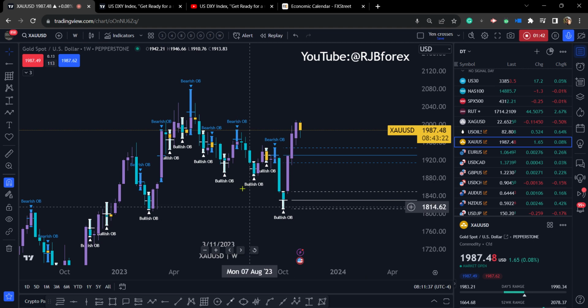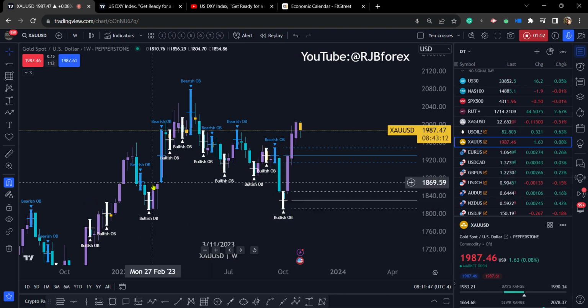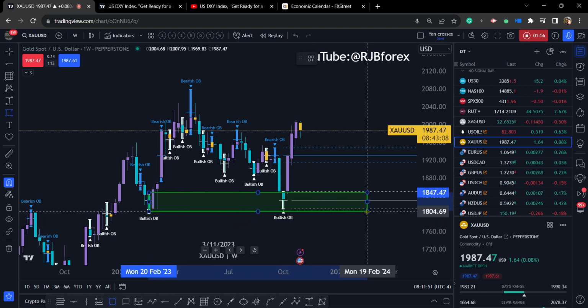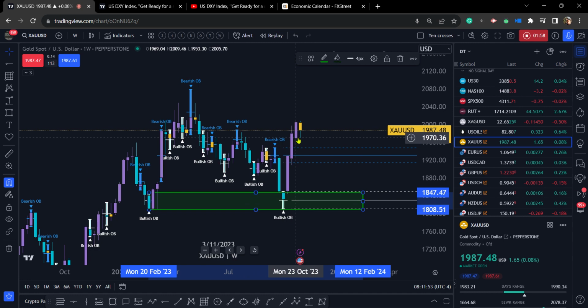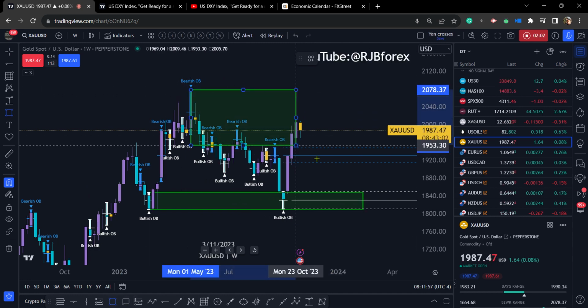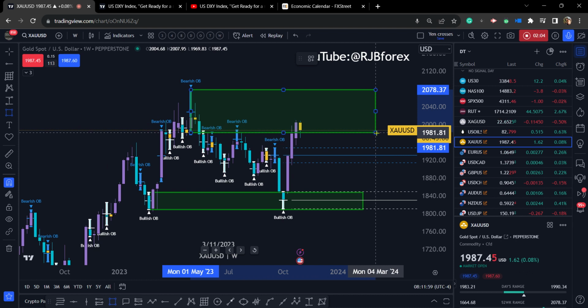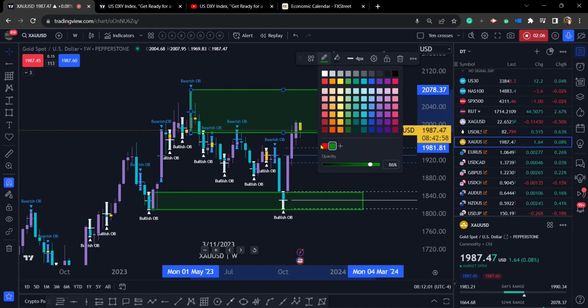Right, on the longer term charts, we have gold that has broken this level here and it's come up and broken this level here. This is regarded as a strong low from this area. On the upside, if we continue in this movement, then we're coming up into this area here as a supply area.